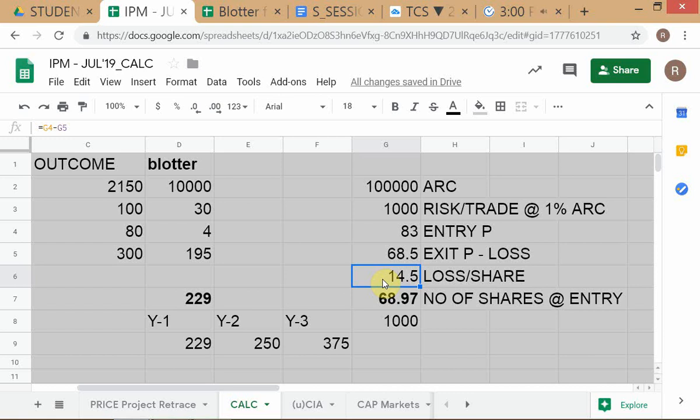Because remember, if you start losing much more than the budgeted loss per share, that means you're losing much more than 1% of your risk capital per transaction. Are you following? Because this is based on 1%. Maybe you lose 2-3%. That upsets your whole risk planning, because that 1% actually comes out of a projection about number of trades, percentage profitable trades, all these things.